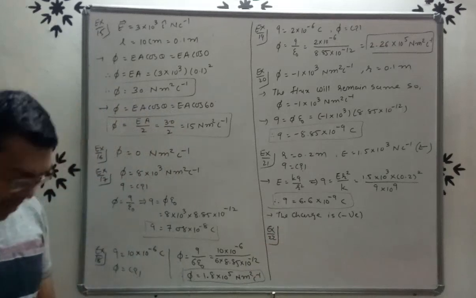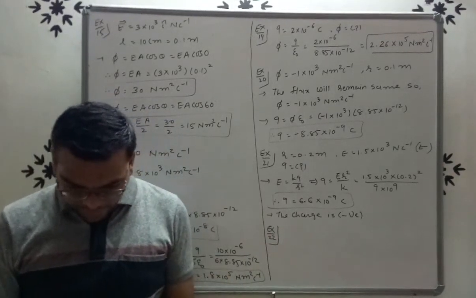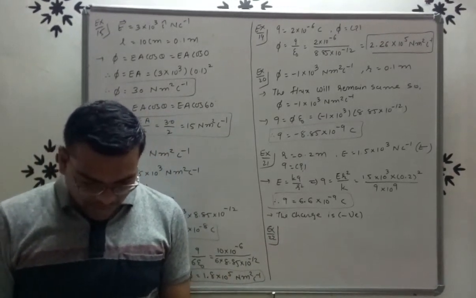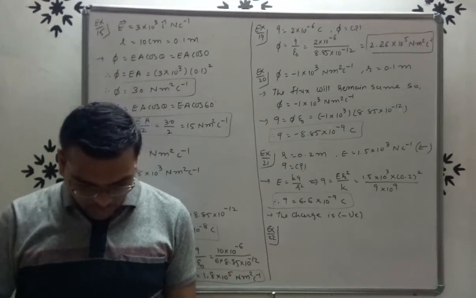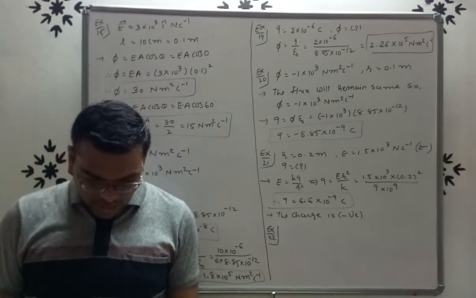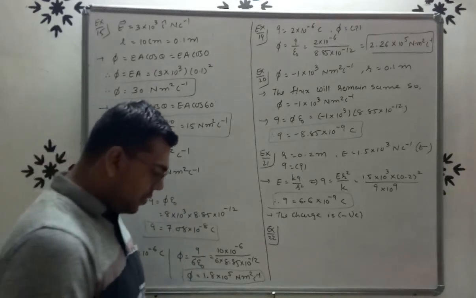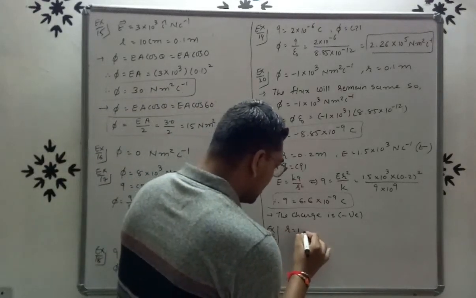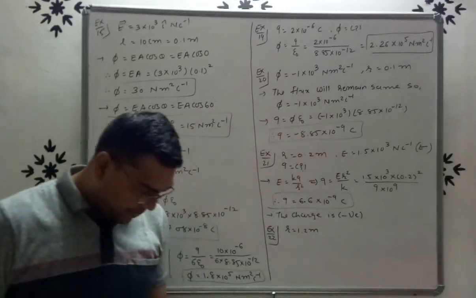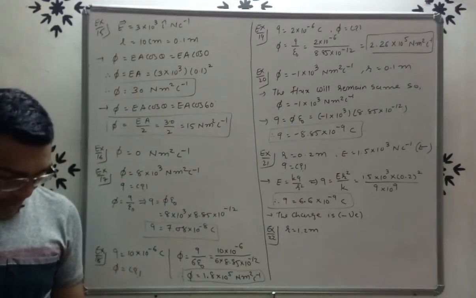Then exercise number 22. A uniformly charged conducting sphere of 2.4 meter diameter. So here the diameter is given. So the radius is 1.2 meter. Right? So the radius is 1.2 meter. It has a surface charge density.